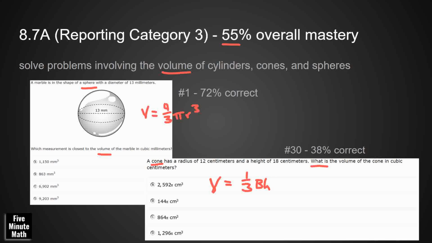So let's first deal with this volume of a sphere here, and we notice that they're looking for the radius and they give us the diameter. So that's the one trick here, right? We need 4/3 pi. Now I need the radius, which is half the diameter. So that's going to be 6.5 to the third power.